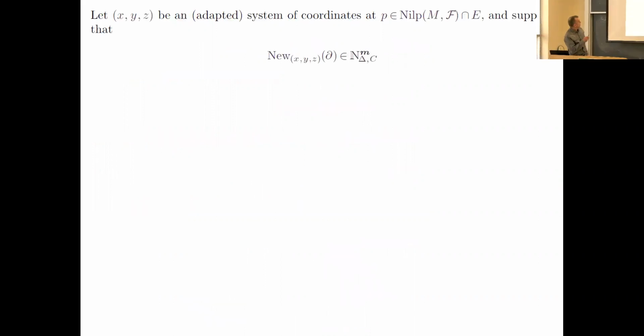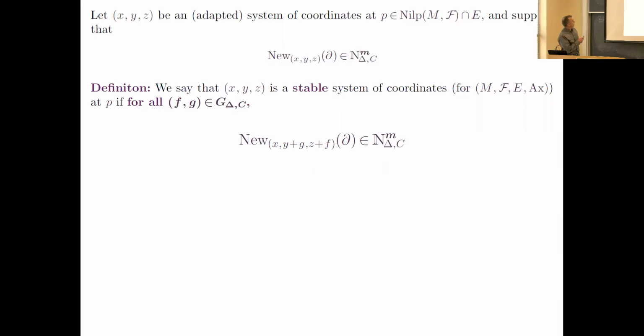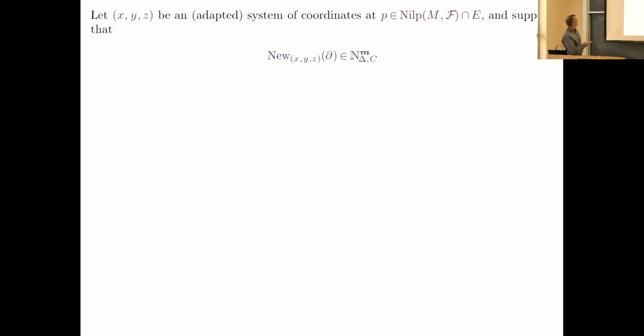Well, okay, so now there is this important definition. Among the adapted coordinate systems, there is one which we are going to call the stable system of coordinates. So what's stable? We start with any adapted coordinate system. I recall this means just that it preserves the axes.